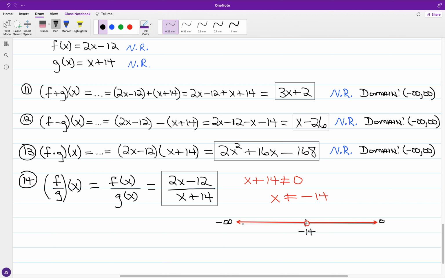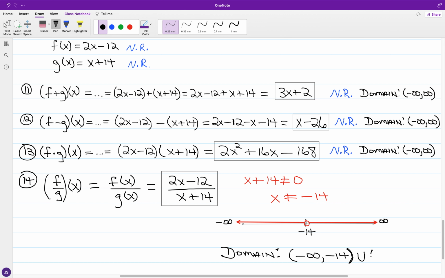So we have for the quotient function, for the domain, instead of having all real numbers endlessly, we're going to have those values of x less than negative 14. So you have parentheses around negative infinity and negative 14.